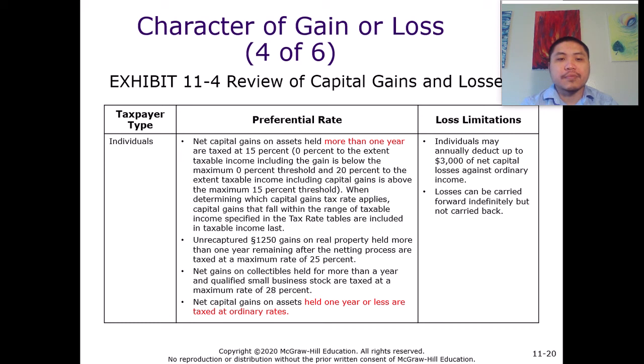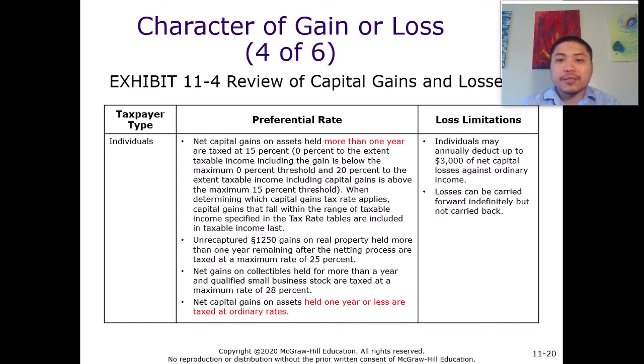For this kind of capital gain, the tax rate that applies is a little bit different, with a maximum rate of 25%, not 20% as usual. But this is a special case, and we're going to talk about that in a bit. And if the asset is held for less than 1 year, then again the gain is treated as ordinary gain and taxed at the ordinary rate.